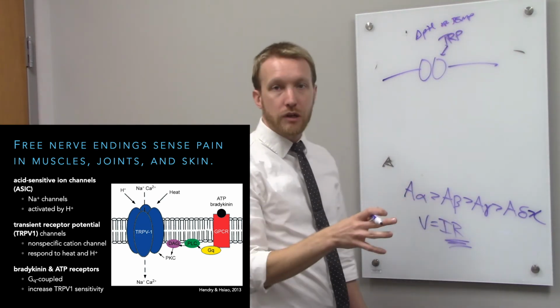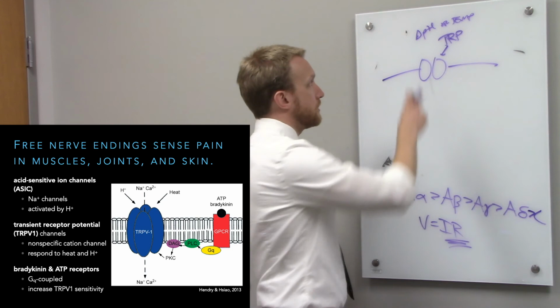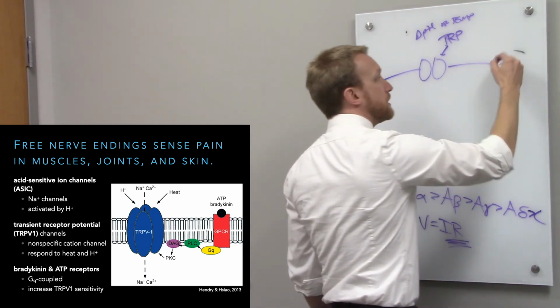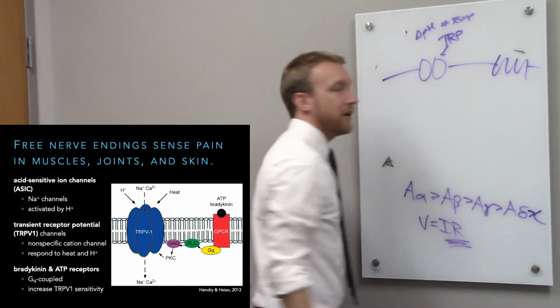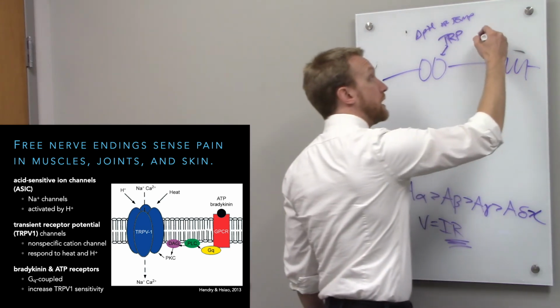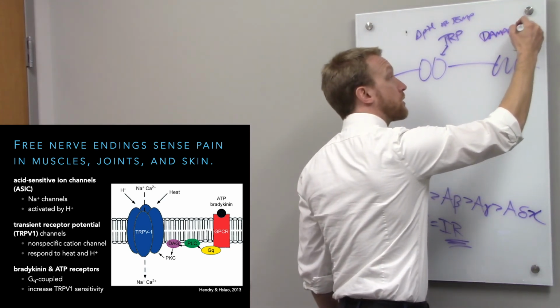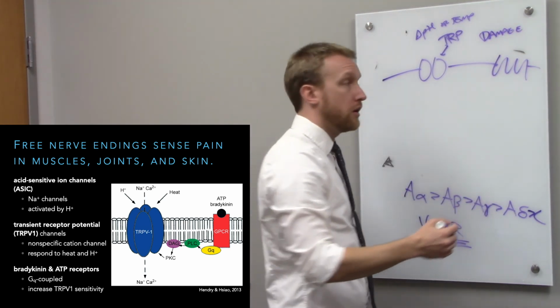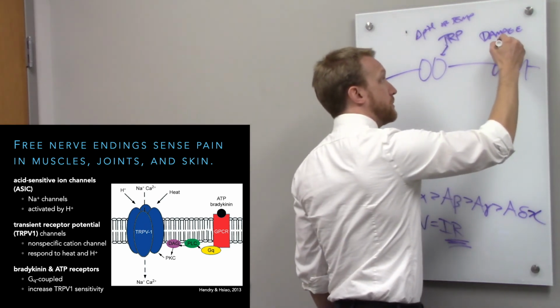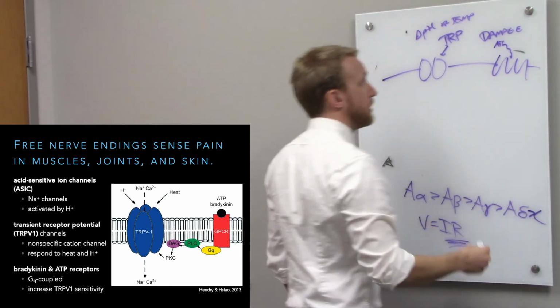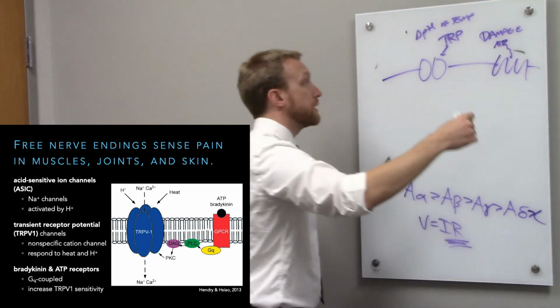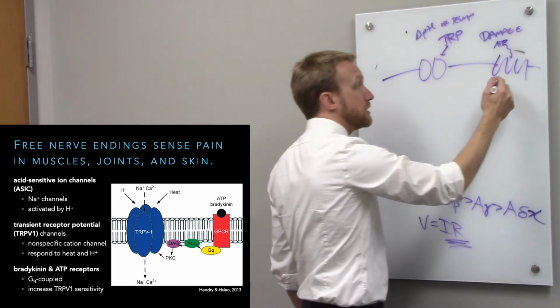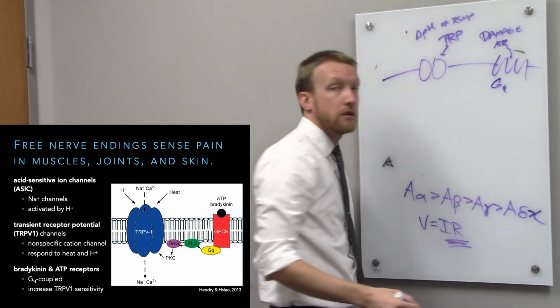But how sensitive we are to those changes in pH or temperature really depends on what else is going on. So if there's tissue damage, well, we're going to be a little more sensitive, right? Because intracellular components like ATP or bradykinin leak out, and they stimulate G protein coupled receptors. These are Gq, mind you.